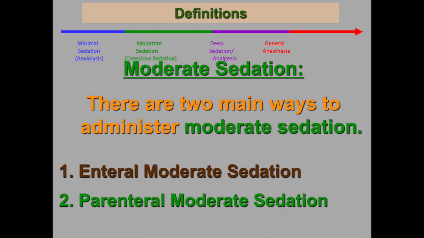And those are the enteral route, which I've got in brown because it involves the gut, going all the way from the mouth to the south end of the patient, if you will. And then there's the parenteral route of moderate sedation, in which we totally avoid the gastrointestinal tract, which is the enteral route.